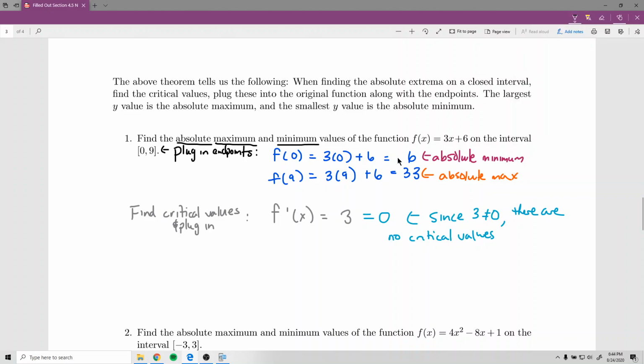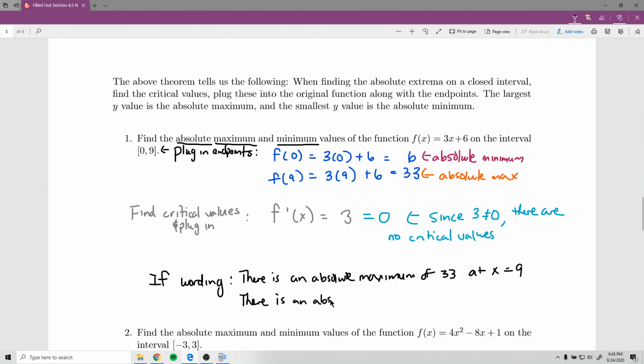For our answers, the homework might want just the y values here. It might ask for the ordered pair or the wording. So the wording here would be, there is an absolute maximum of 33 at x equals 9, and there is an absolute minimum of 6 at x equals 0.